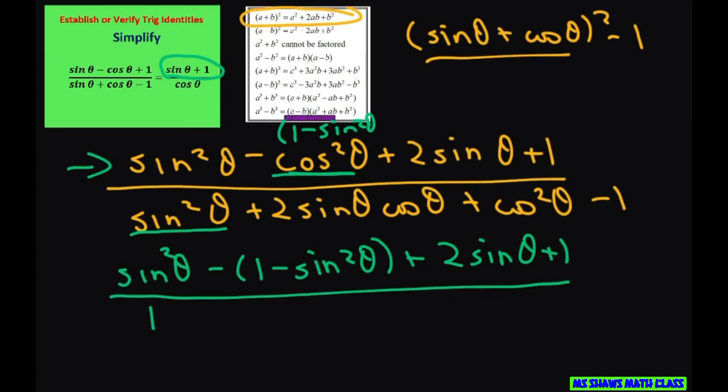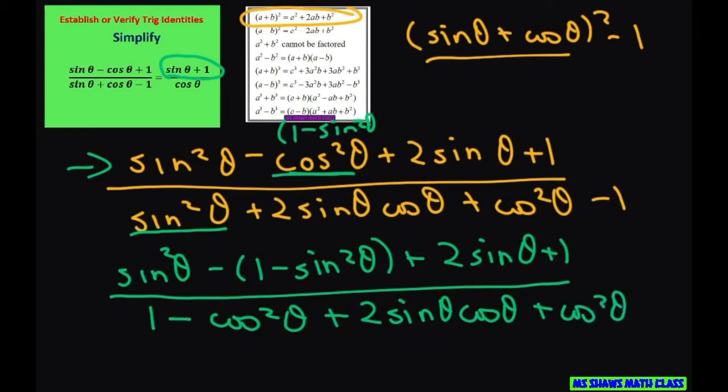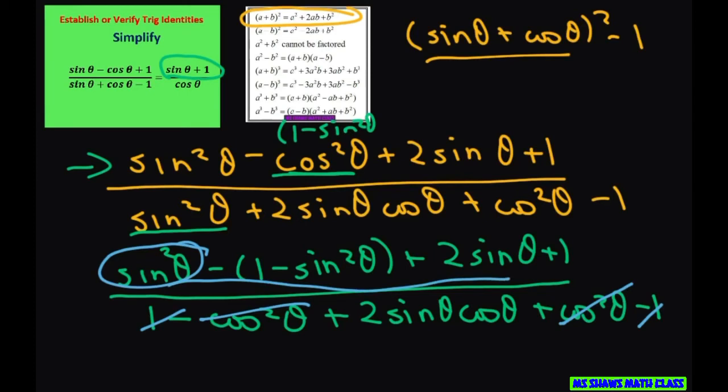So this is 1 minus cosine squared theta plus 2 sine theta cosine theta plus cosine squared theta minus 1. So I just substituted sine squared theta with this. What happens is the cosine squared thetas cancel, and so do the 1's. All right, now let's simplify the numerator, and this is all we have for the denominator now.